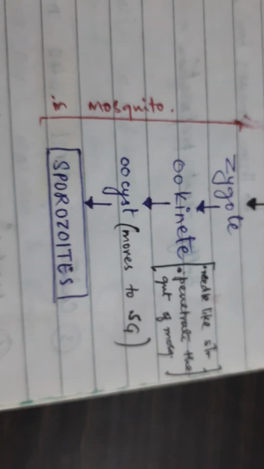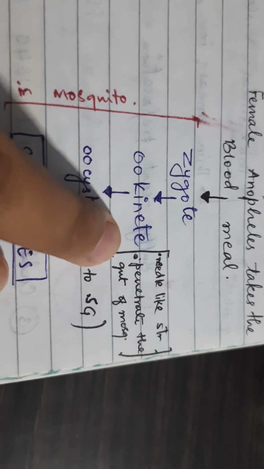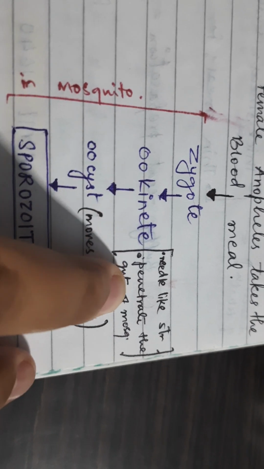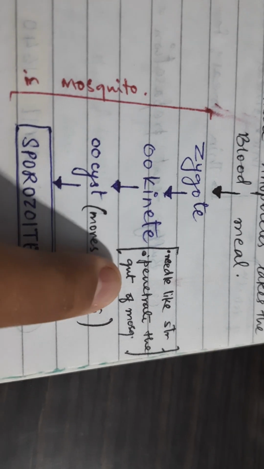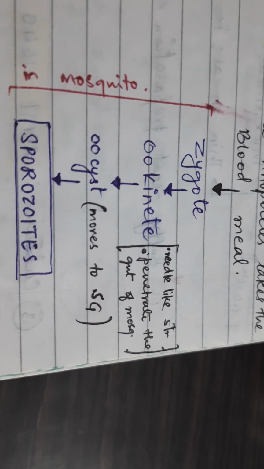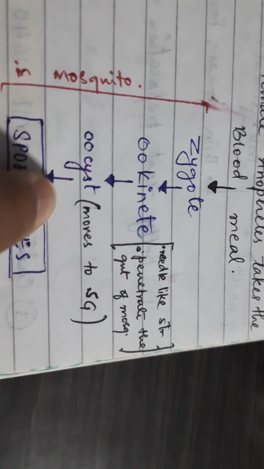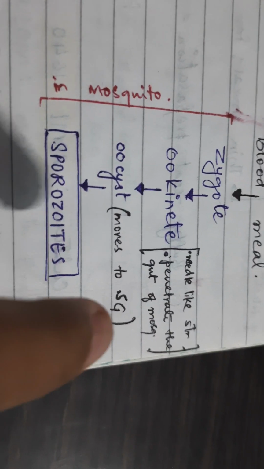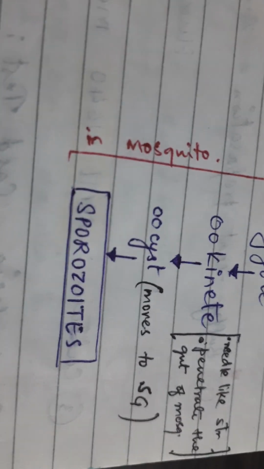Inside the mosquito it forms a zygote, and then an ookinete, a needle-like structure that penetrates the gut of the mosquito. The oocyst moves to the salivary gland and forms sporozoites, which again through the bite of the female Anopheles come into our body. This is the life cycle of malaria.